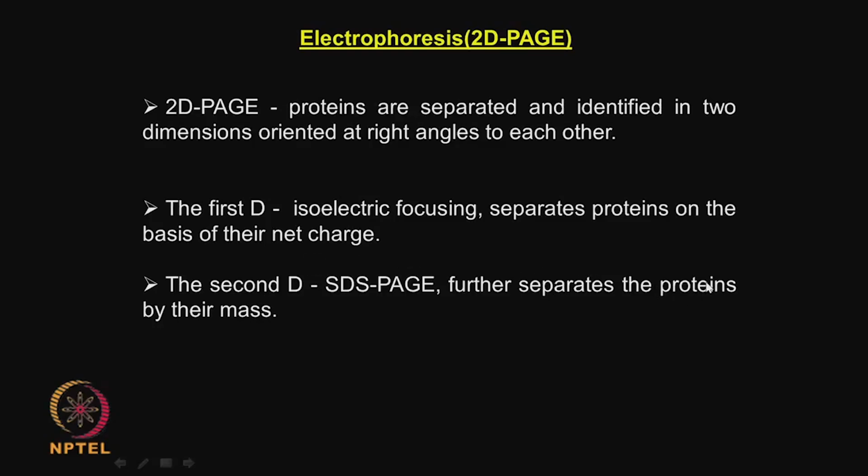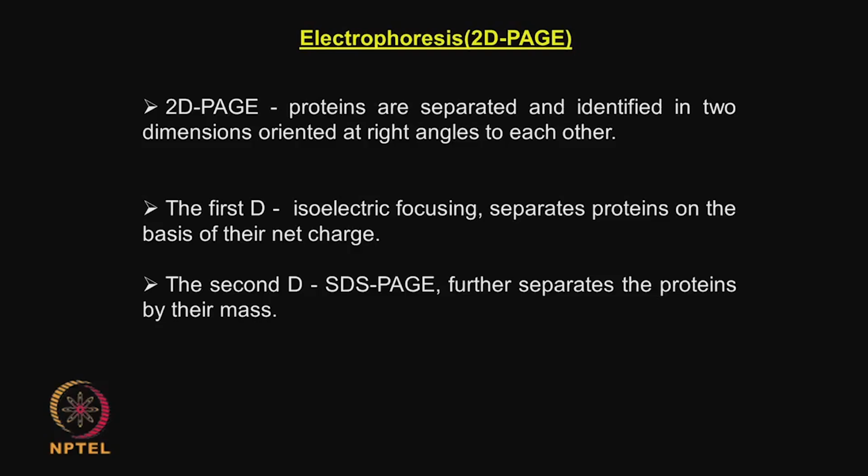So, initially you separate based on charge, then you run an SDS PAGE, so that the proteins get separated based on their mass. Instead of linear protein movement, we get protein movement in two dimensions. Then we can pick out the protein of our interest and use MALDI or mass spec to find out the molecular weight of that particular protein.